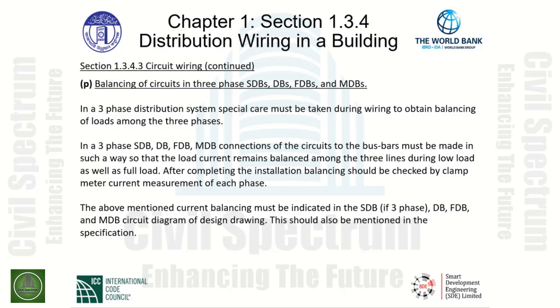Now, this section tells us the requirement that we must balance the system. We have three live wires carrying current. The current carried from the utilization equipment, the power outlets, the lighting, must be balanced in each phase.